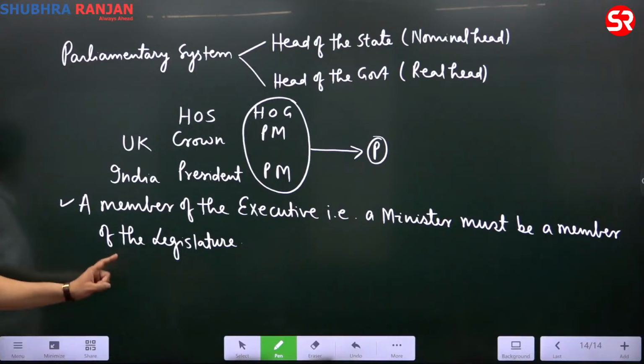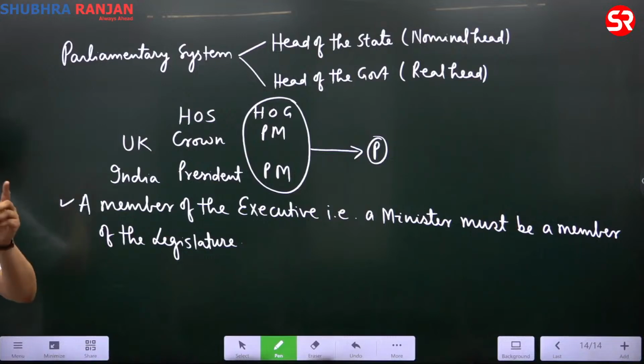You see, all our ministers, they are either the members of the Lok Sabha or the Rajya Sabha. Even at the state level, your ministers are either the members of the Legislative Assembly, and wherever we have a bicameral legislature, they can be the members of the council also.